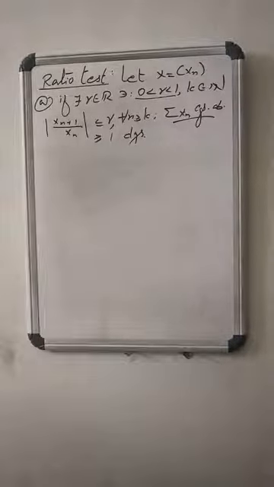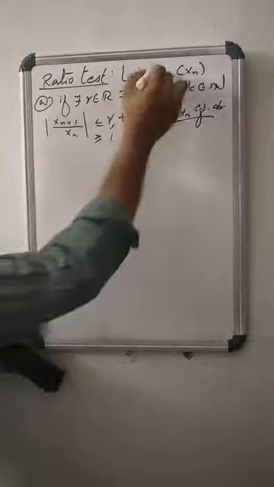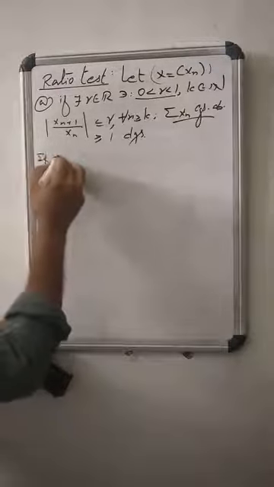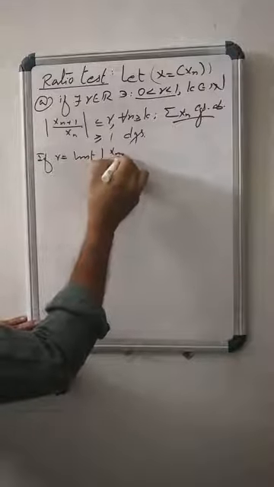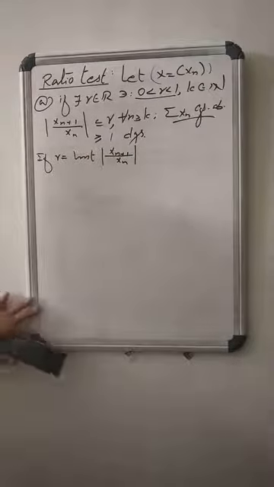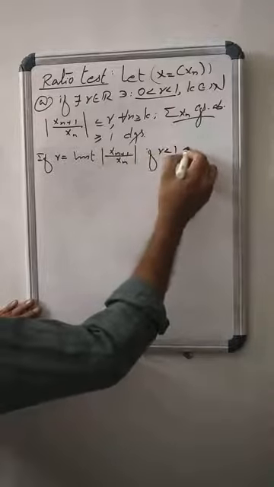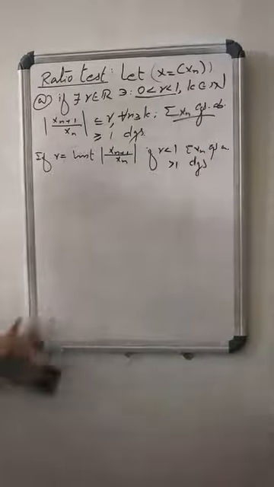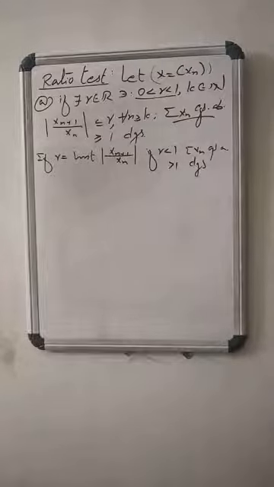If x equals xn is a series of non-zero real numbers, and suppose r equals limit of modulus of xn plus 1 by xn exists, then if r is less than 1, sigma xn converges absolutely, and if r is greater than 1, sigma xn diverges.